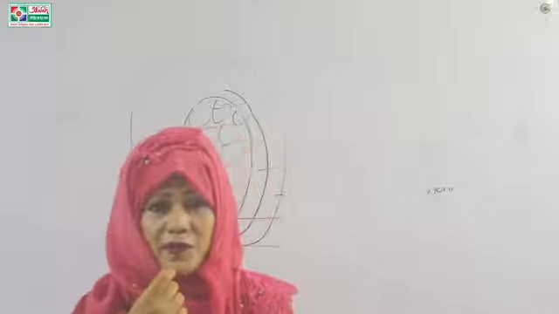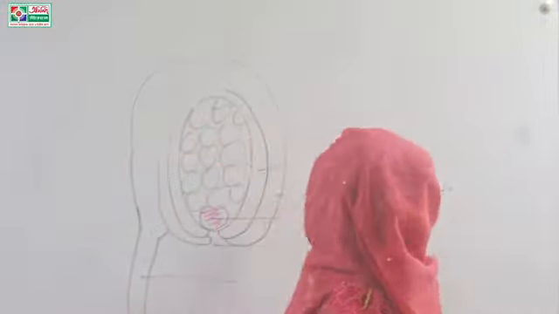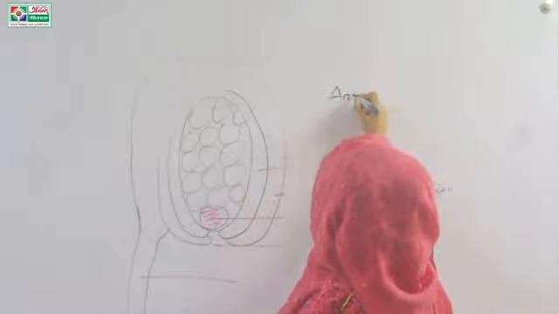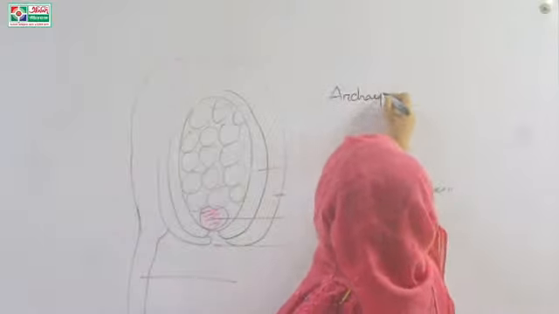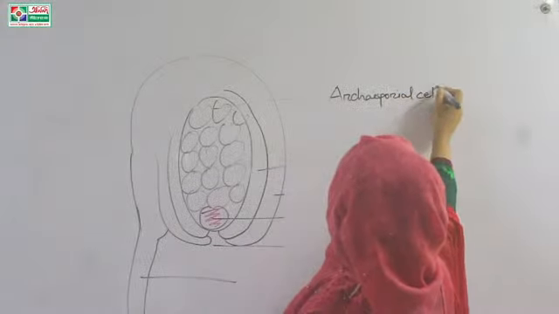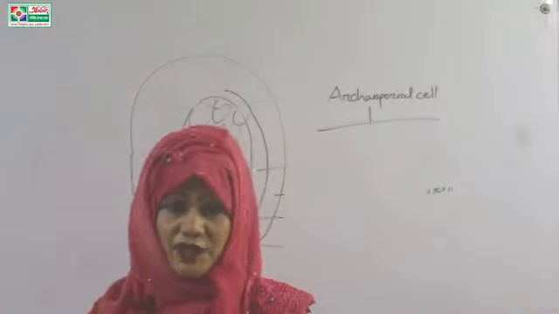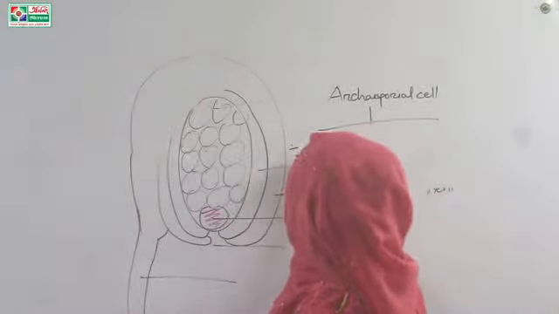So, the archesporial cell first divides and gives rise to two types of cells. This division is a type of parietal division, and this is denoted like this.